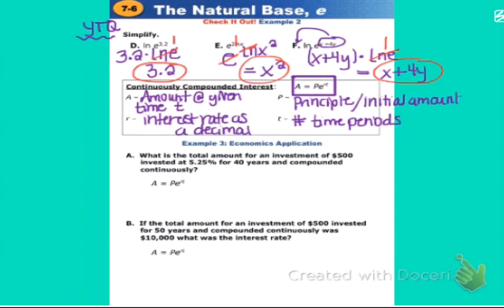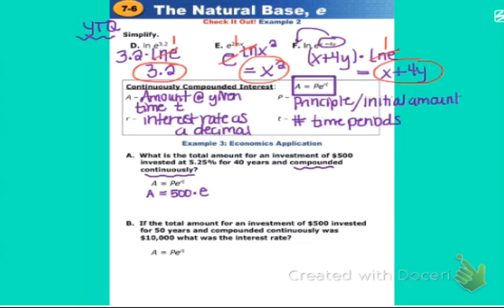So how about an example? It says, what is the total amount for an investment of $500 invested at 5.25% for 40 years and compounded continuously? Using this formula, we're trying to find the amount A. The principal is the amount of the investment that we started off with, so we started with $500, and we're going to be multiplying it by e, that continuous growth constant, raised to the, let's see, what's in our problem?